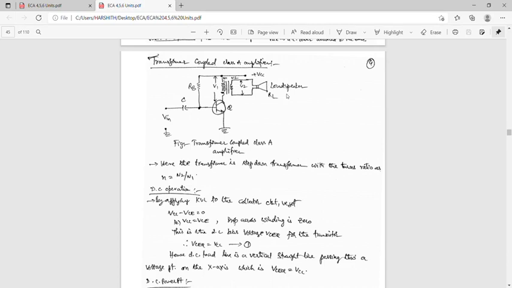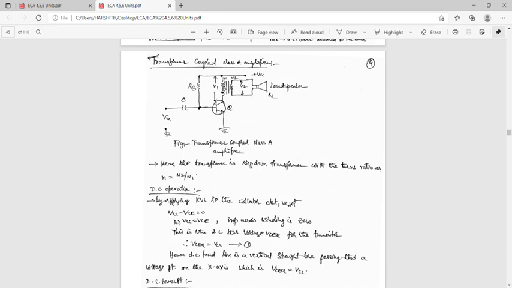So this is the transformer coupled Class A amplifier, and now the DC operation. Here a step down transformer is used, with turns ratio N2 by N1. In this DC operation, assume the winding resistance of the transformer is 0 ohms.